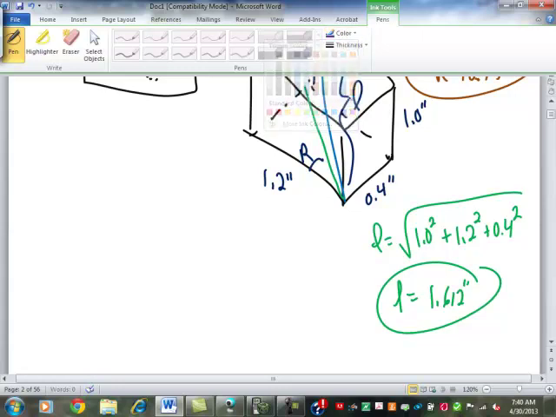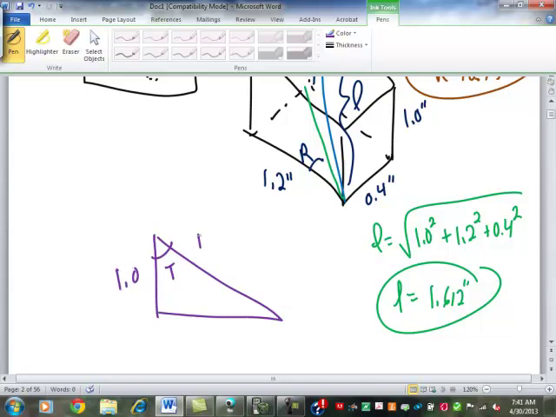And then our triangle for T. T is up here. You know this is 1.0 and this is 1.612. Now since it is T up there that we're finding, we're going to use inverse cosine. Good. So 1.0 over 1.612.